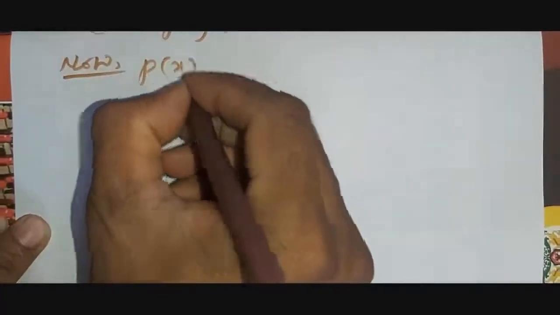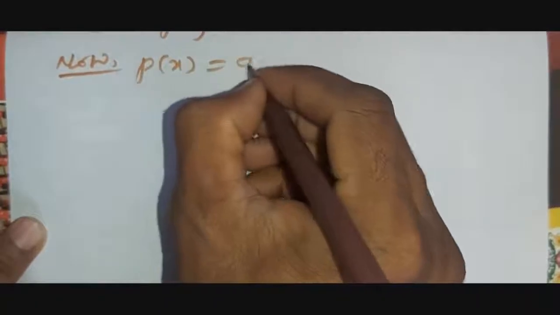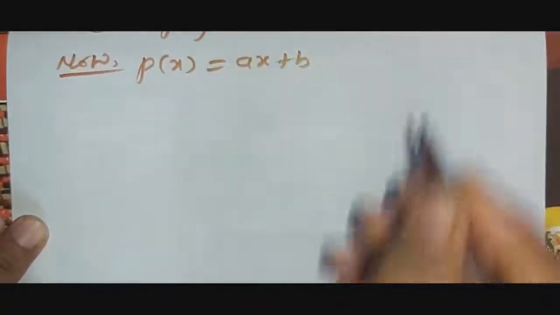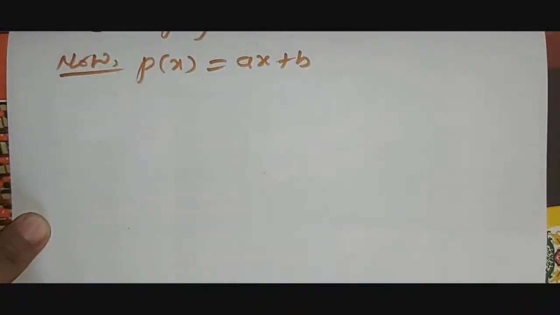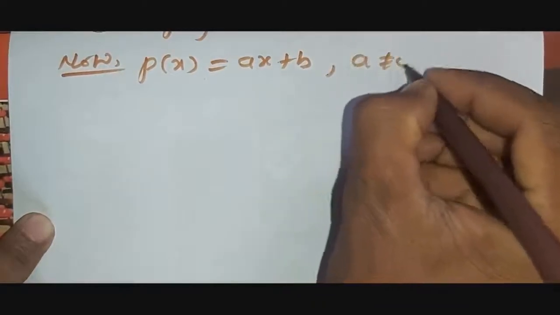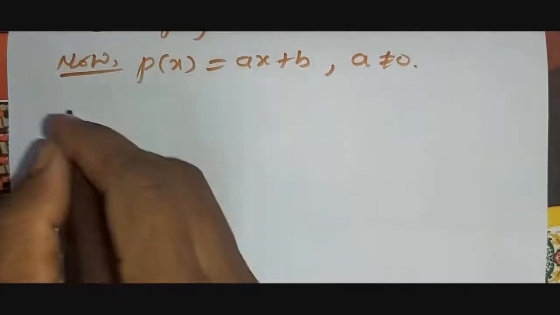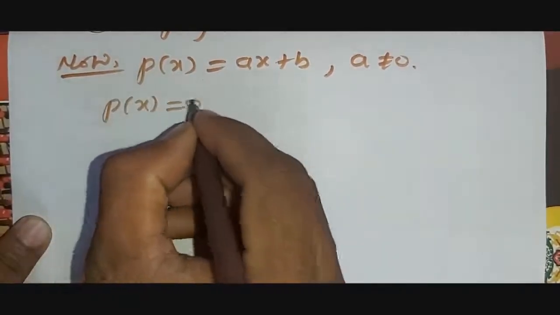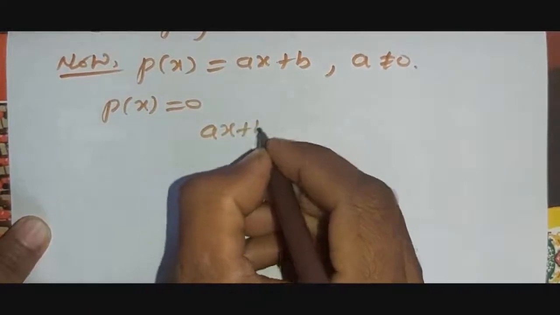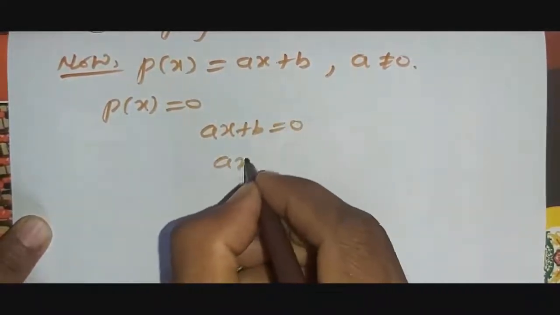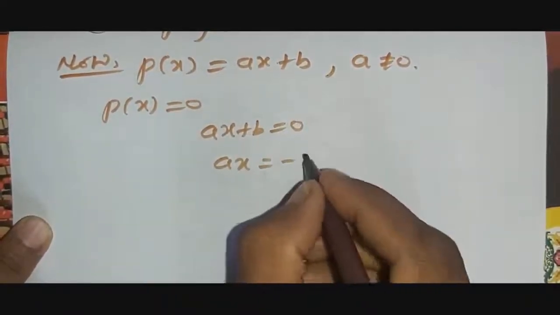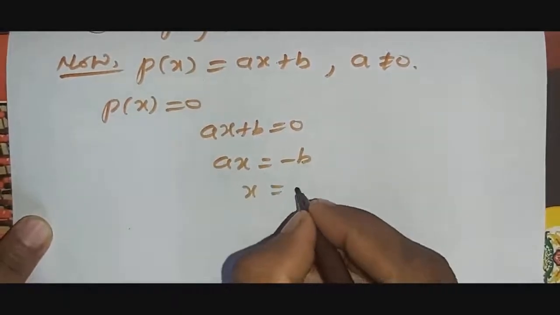Now p of x is equal to ax plus b, a linear polynomial, and a is not equal to 0. Can we find the 0 of p of x? Let us see. If p of x is equal to 0, that is ax plus b is equal to 0, then ax is equal to minus b, and x is equal to minus b by a.